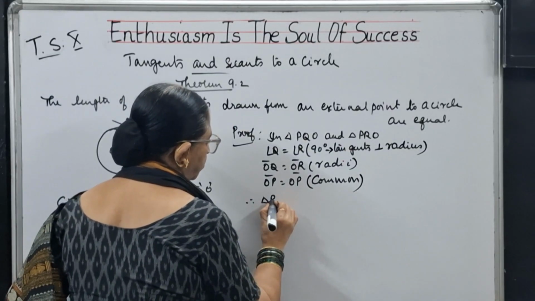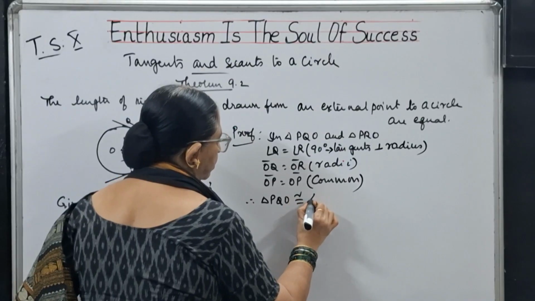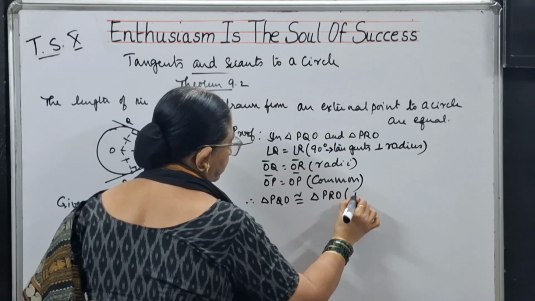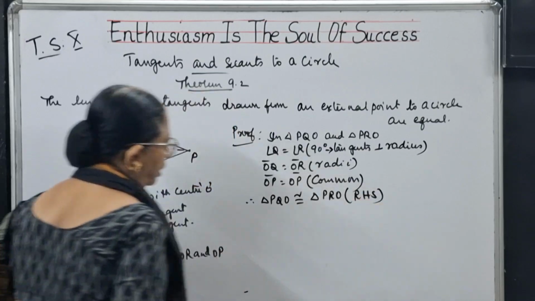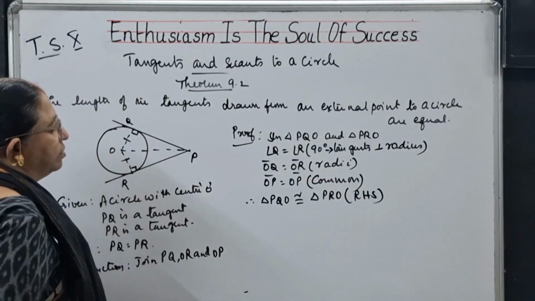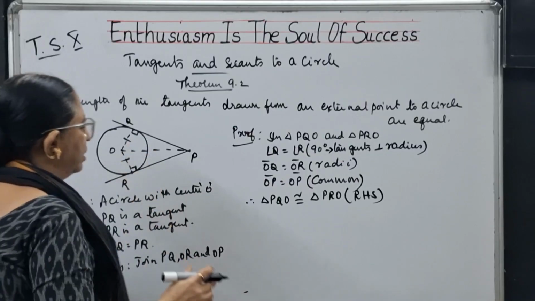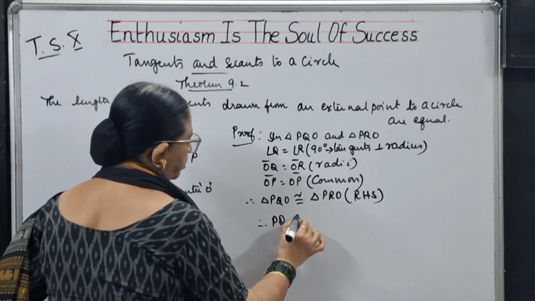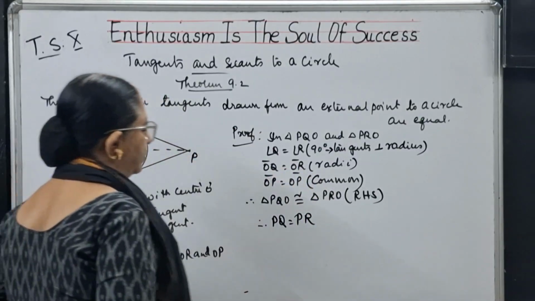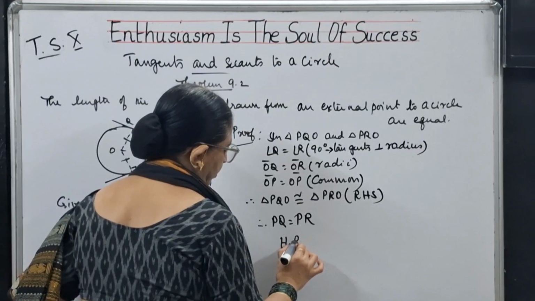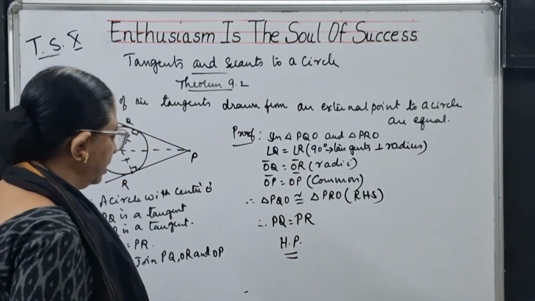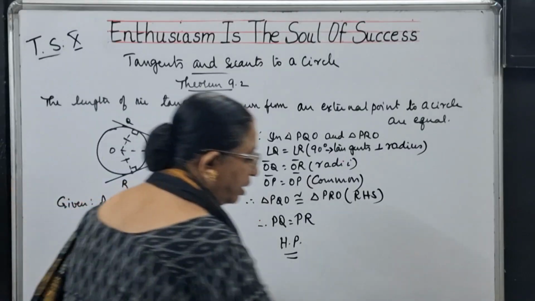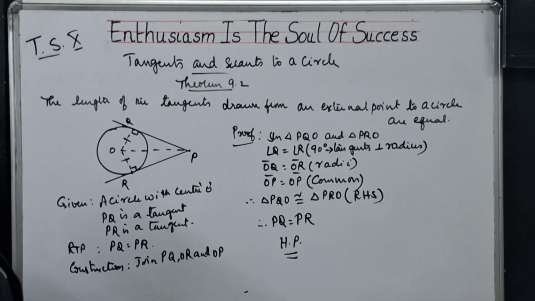Therefore, triangle PQO is congruent to triangle PRO by the RHS property, right angle, hypotenuse, side property. When these two triangles are congruent, then you can say that PQ is equal to PR. Hence proved. This is how we have proved that the tangents drawn from an external point to a circle are equal. So this is the proof for this theorem, children. Very, very important essay type question it is. Learn.